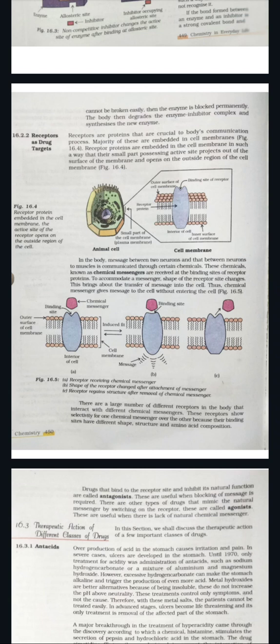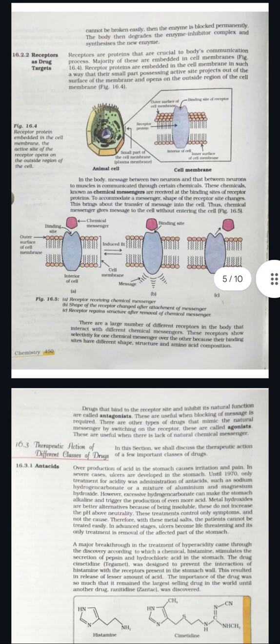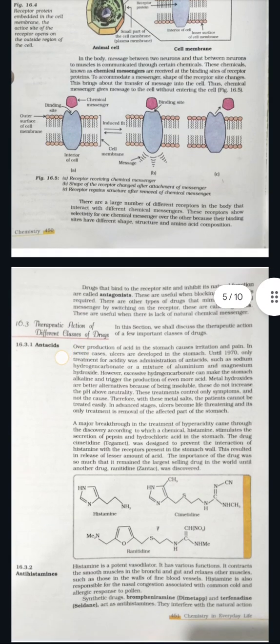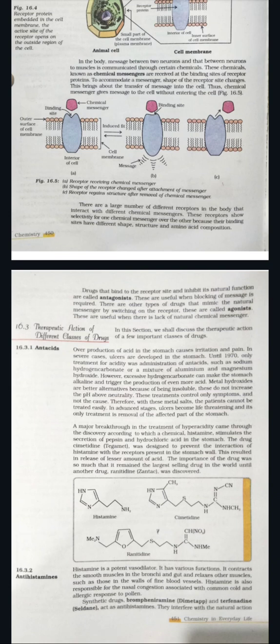Therapeutic action of different classes of drugs. Antacids. Over-production of acid in the stomach causes irritation and pain. In some cases, ulcers are developed in the stomach. Until 1970, the only treatment for acidity was administration of antacids such as sodium hydrogen carbonate or a mixture of aluminium and magnesium hydroxide.